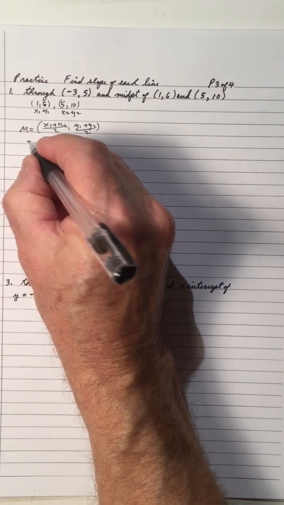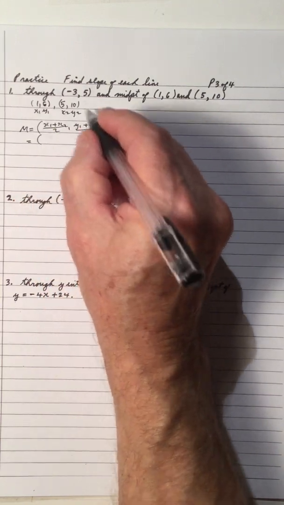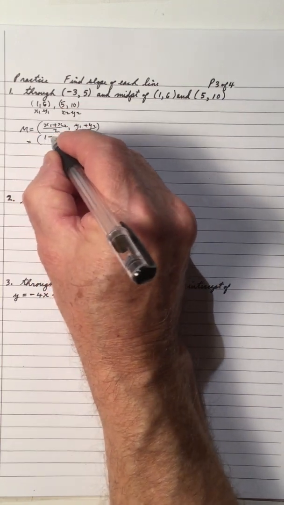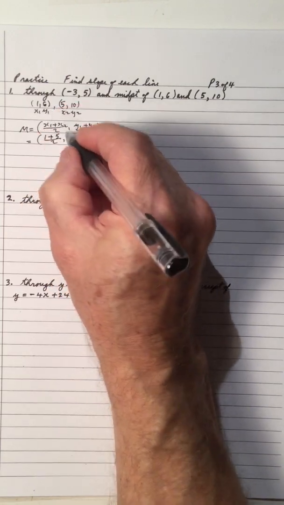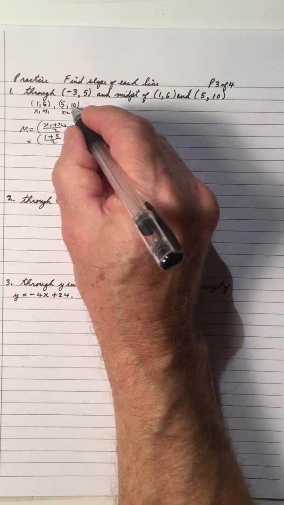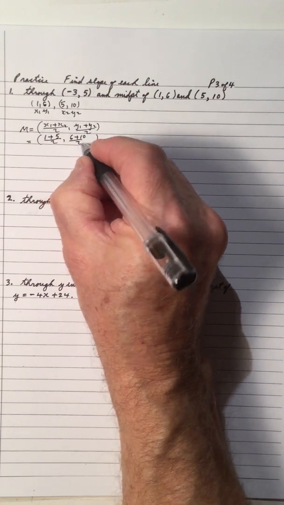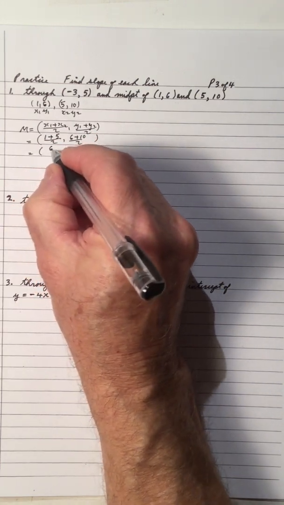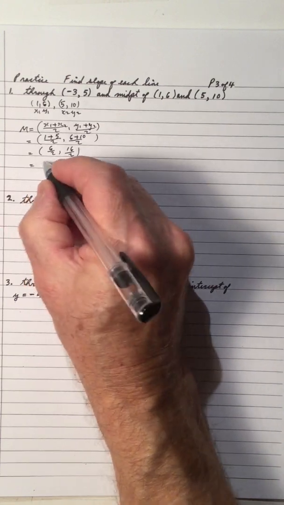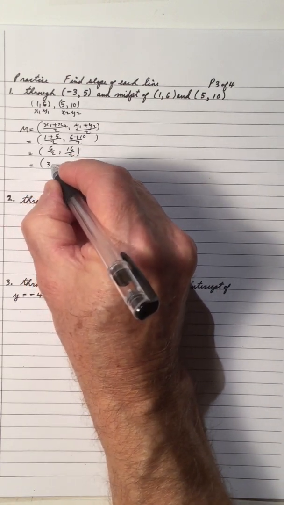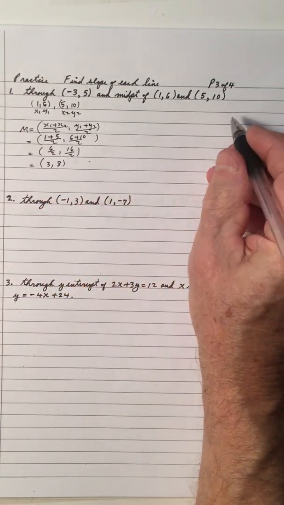Let's work it out. x1 is 1 plus x2 is 5, over 2. y1 is 6 plus y2 is 10, over 2. And so there's 6 over 2, 16 over 2. So the midpoint is (3, 8).